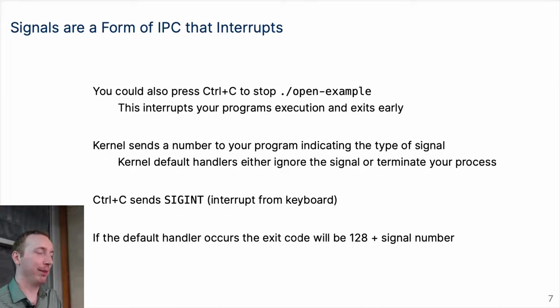Has it ever happened that when you hit Control-C the process doesn't end? Does anyone know why that is? Yeah. Okay, so they're free to ignore it. So signals are a form of IPC, and again, you can think of them as interrupts for user level programs.